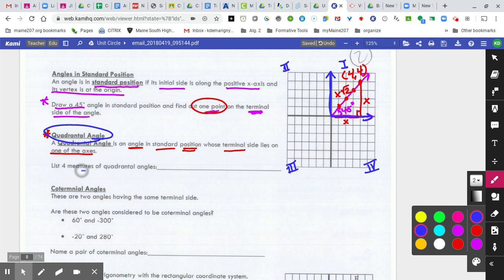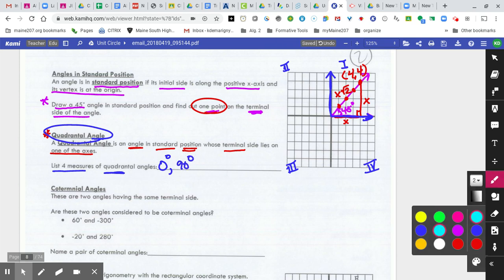It asks us to list the measures of some quadrantal angles. So if I list some of these quadrantal angles, well, let's see. I can have a 0-degree angle. If the initial and the terminal side are on the same ray, then I have a 0-degree angle. If I go to the y-axis, I'm going to have a 90-degree angle.